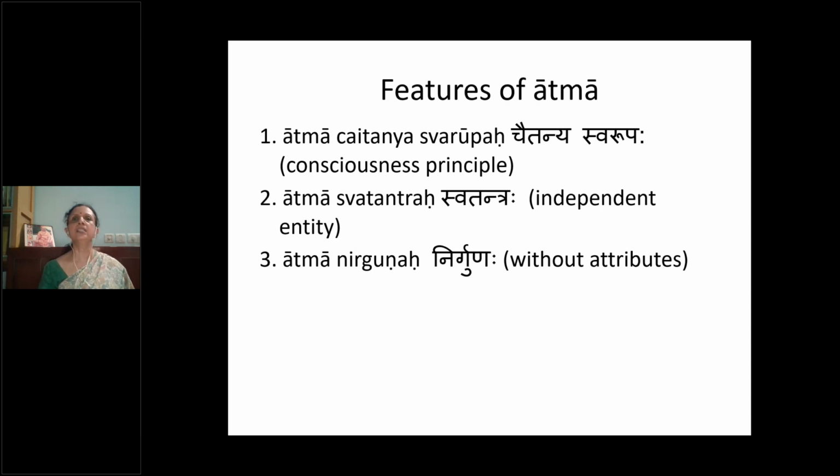All attributes belong to matter, like Shabda, Sparsha, Rupa, Rasa, Gandha; they all belong to the 5 elements, Akasha, Vayu, Agni, Apa and Prithvi. The 5 elements and their elementals, or Bhautikam, have attributes like Shabda, Sparsha, etc. But Atma is free from all these attributes and therefore Atma is Nirgunaha.